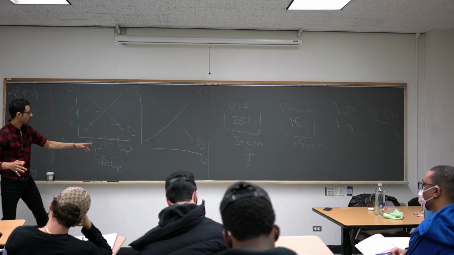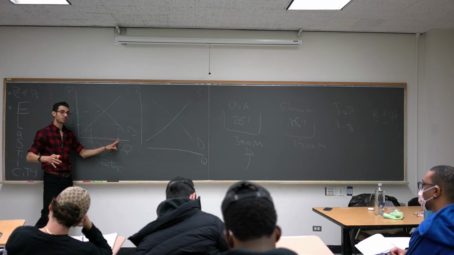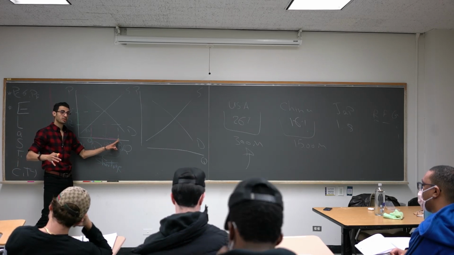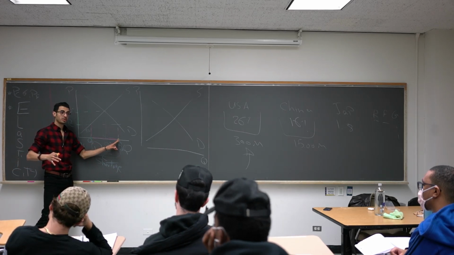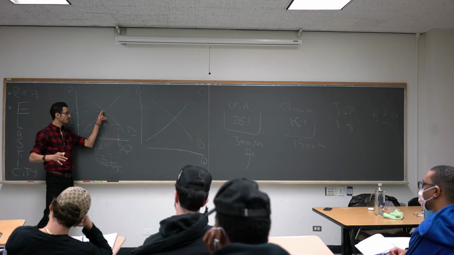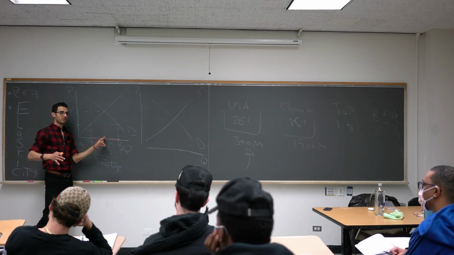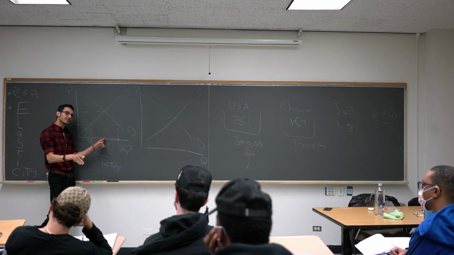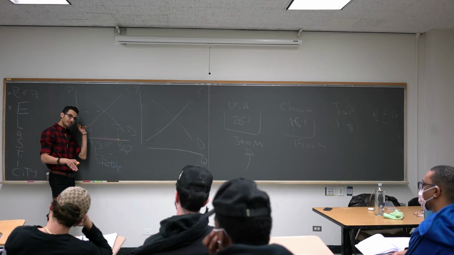So these people were willing to pay how much? No, at equilibrium price, these people were willing to pay this much. Now we are talking about the policy. These people actually decided to buy more because of this.